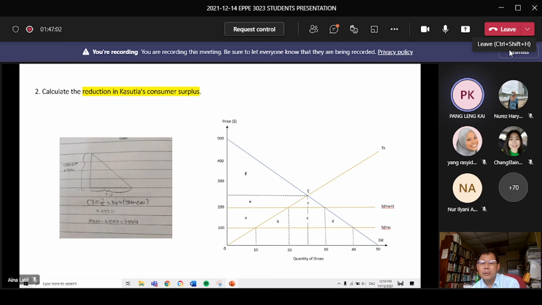So we get the 8,000 from question B, the consumer surplus for question B. So 8,000 minus 4,500 equals 3,500. It's to make sure that everyone understands the part that the consumer lost is A plus B plus C plus D, that area.